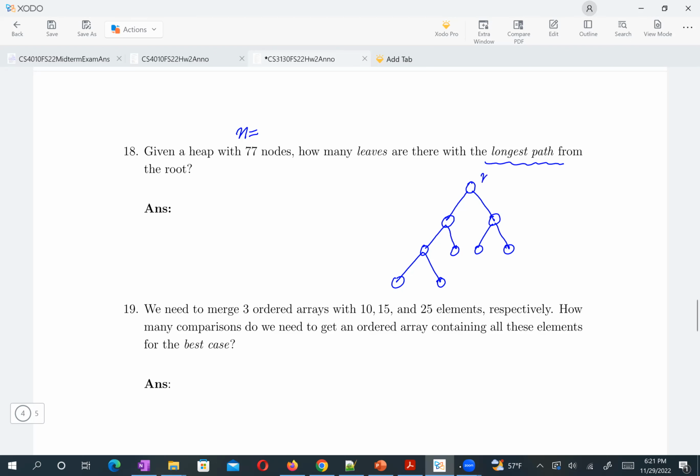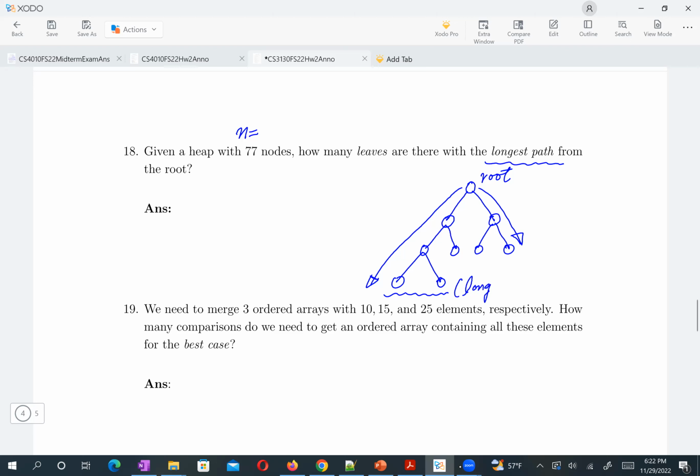We start from the root, then we draw paths from the root to one of its leaves. When we draw the path to these leaves, that's the longest path.